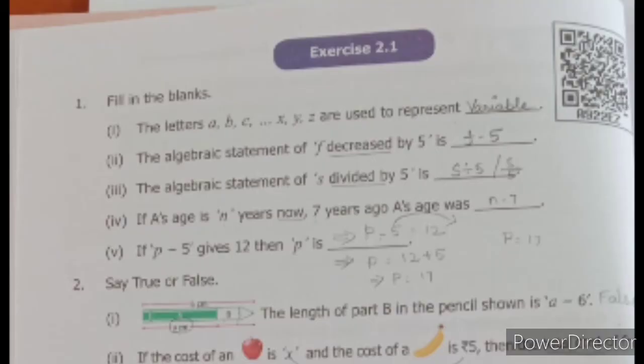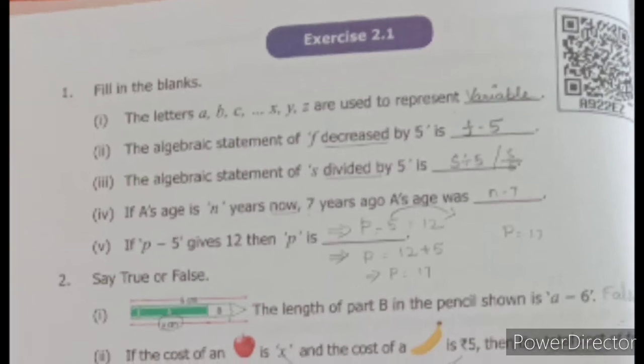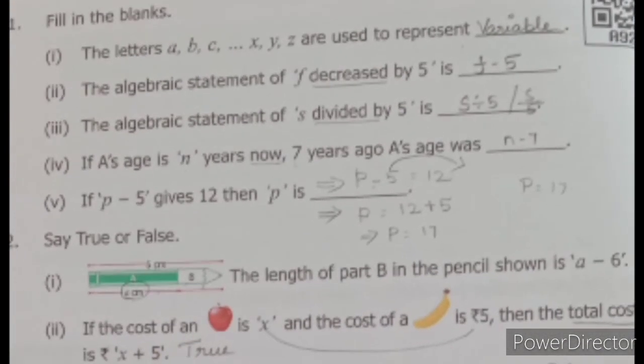Now we are starting with exercise 2.1. If you see, we first have fill in the blanks. The letters A, B, C, X, Y, Z are used to represent a variable. Be careful with the spelling: variable.